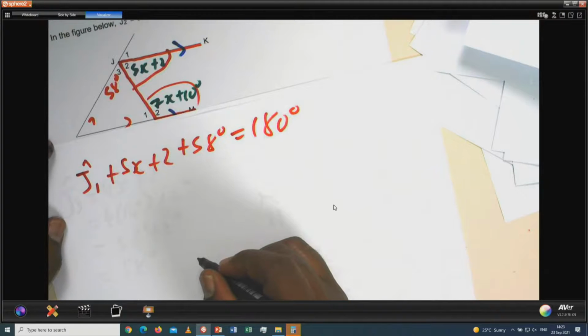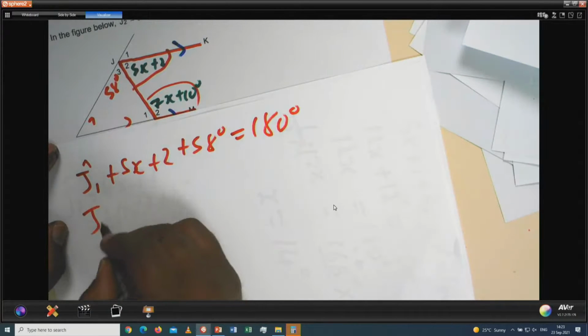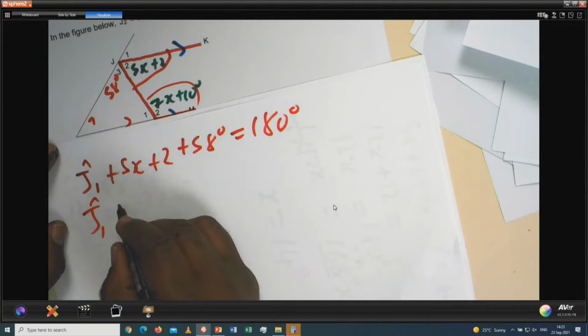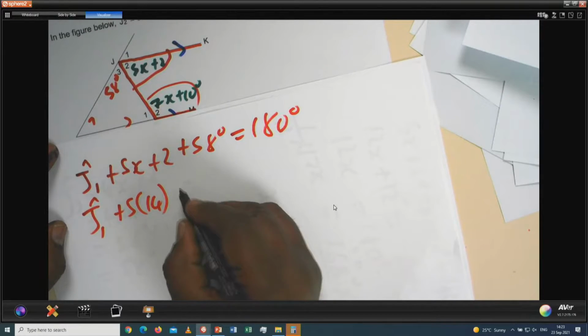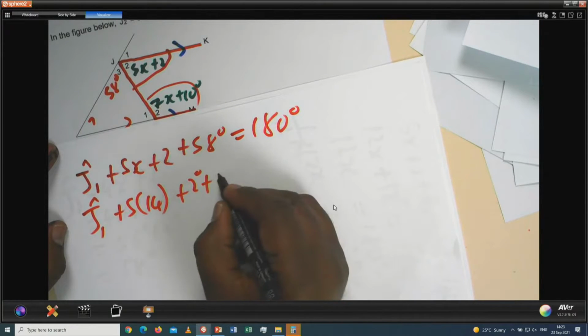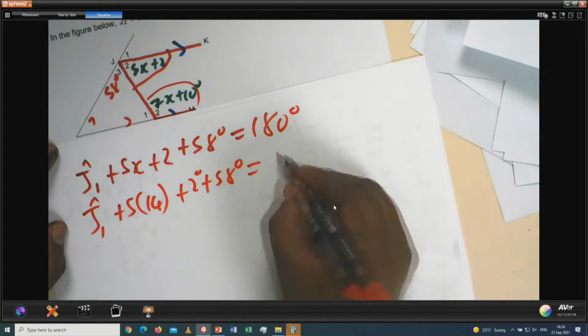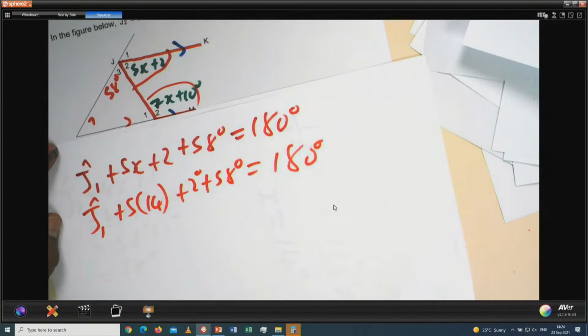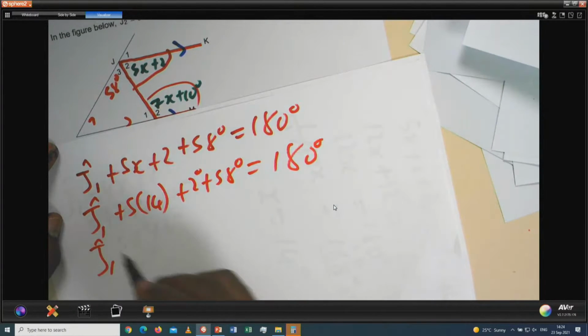But remember, we know that x is equal to 14 degrees.